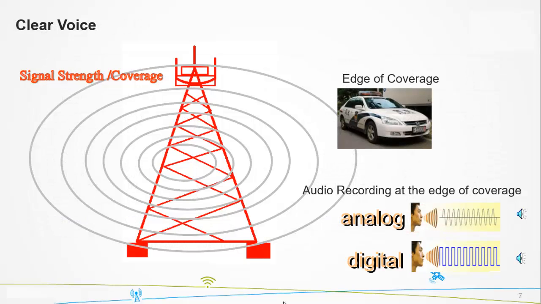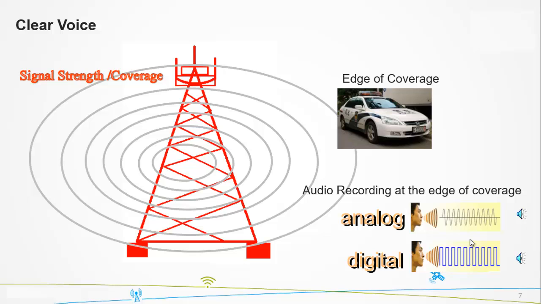And of course, we have clearer voice. With analog radios, as you go farther and farther from the repeater or from the main signal, they receive lesser power, and therefore they receive more noise.